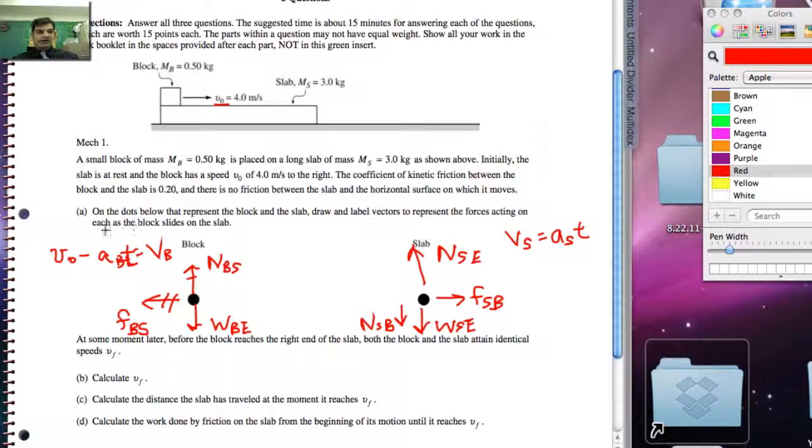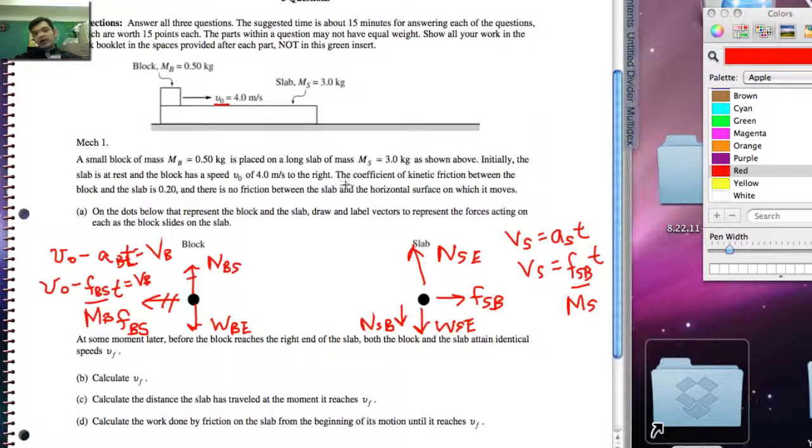For the block, we'll have v naught minus friction on the block divided by mass of the block, times t, equals v of the block. And for the slab, v of the slab equals friction on the slab from the block divided by mass of the slab, times t.